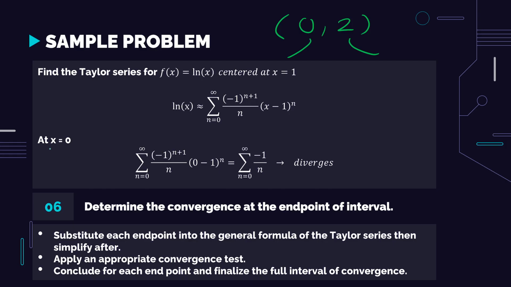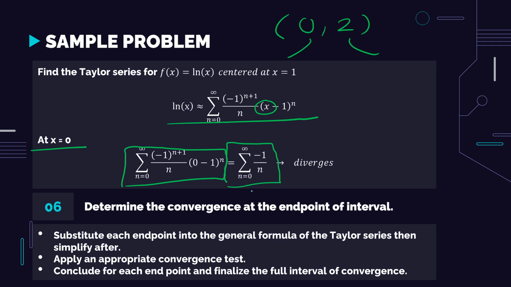Given our x is equal to 0, we have this general formula of our Taylor series. We substitute x by 0, and then we simplify it, and we arrive at this answer. When simplifying, we are already doing some tests, and that test is called the comparison test. Remember the comparison test?